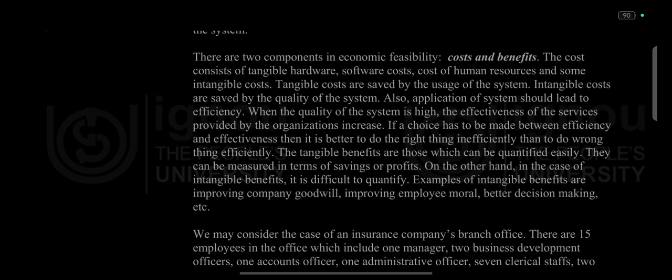Also, application of the system should lead to efficiency. When the quality of the system is high, the effectiveness of the services provided by the organization increases. If a choice has to be made between efficiency and effectiveness, then it is better to do the right thing inefficiently than to do the wrong thing efficiently.